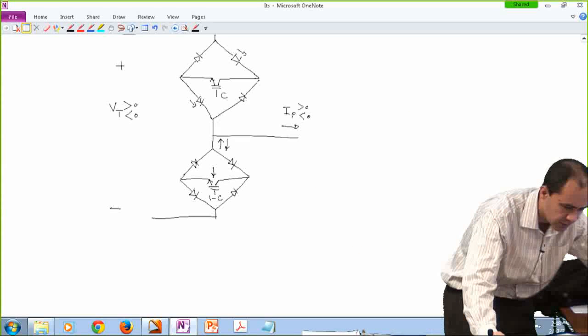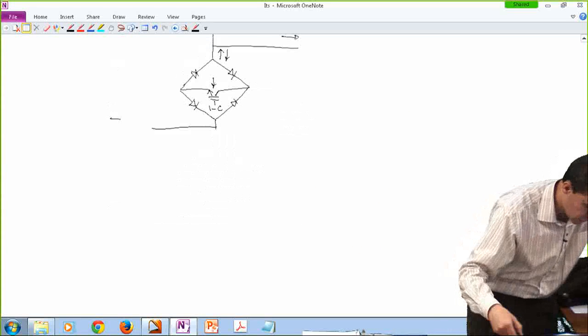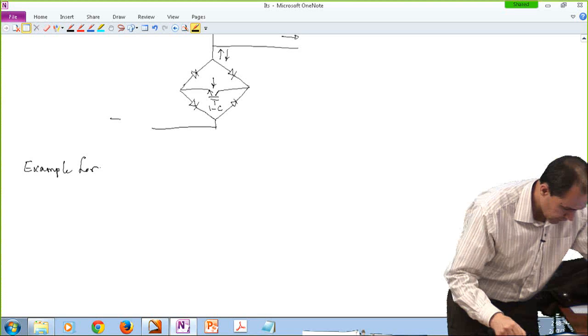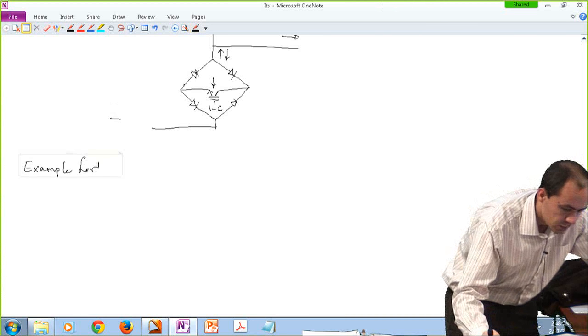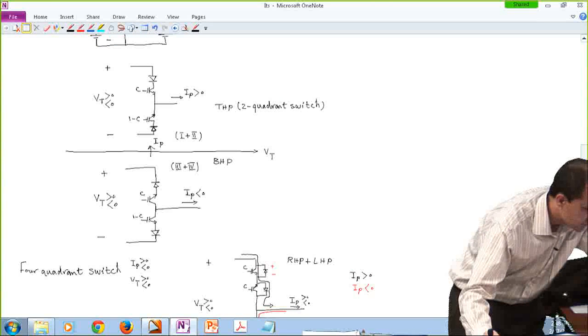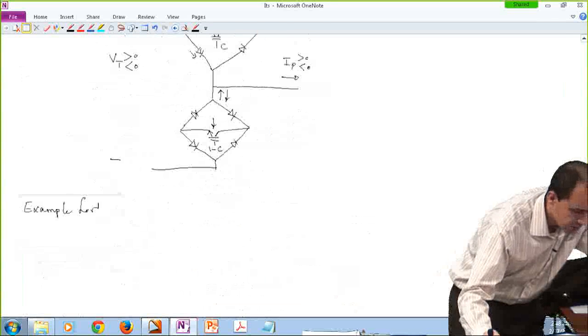So let's take a look here. So, an example for a top half plane switch.